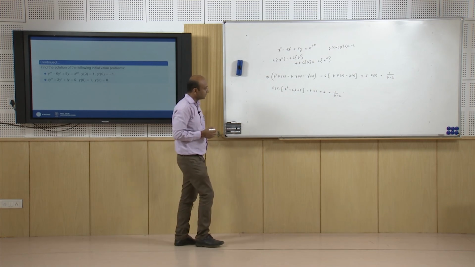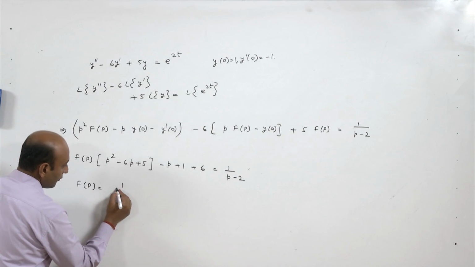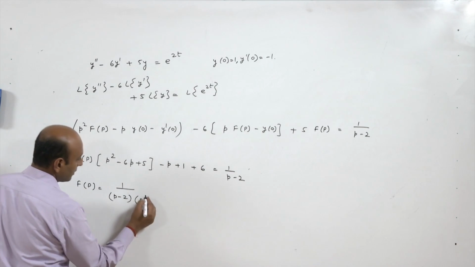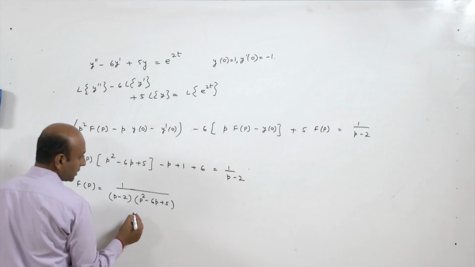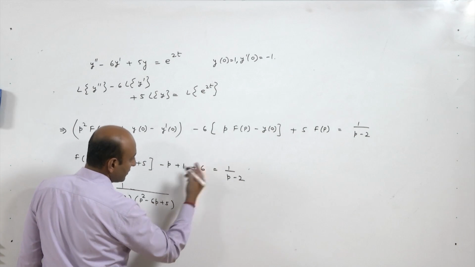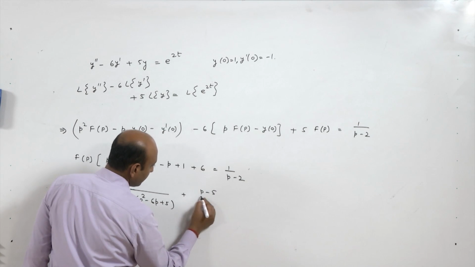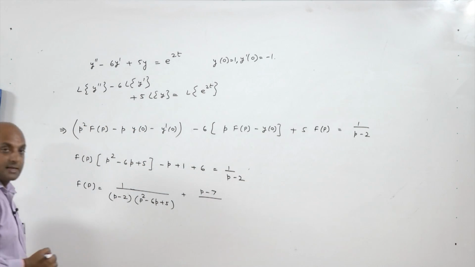So, f p will be nothing but 1 upon p minus 2 into p square minus 6 p plus 5, and this will go to that side. So, it is plus p minus 5, or 7, since 6 plus 1 is 7.